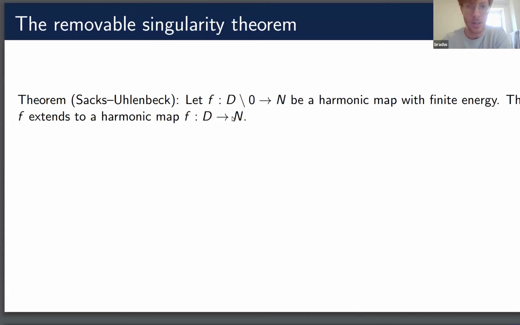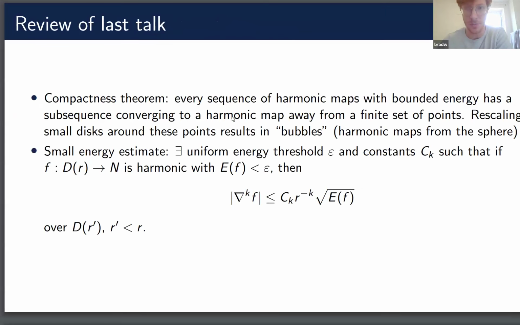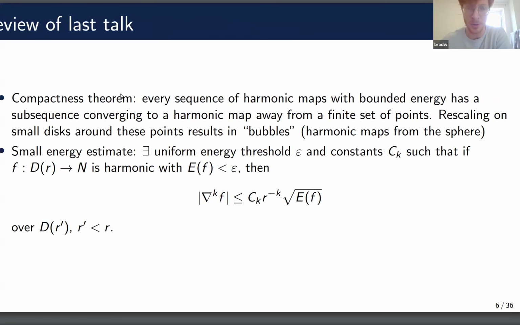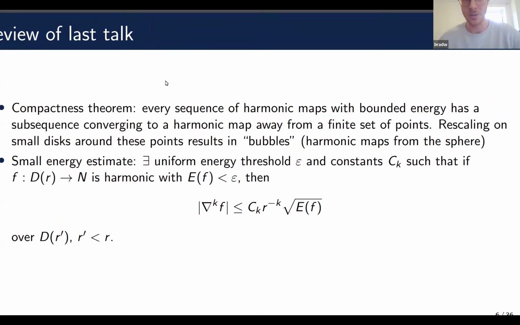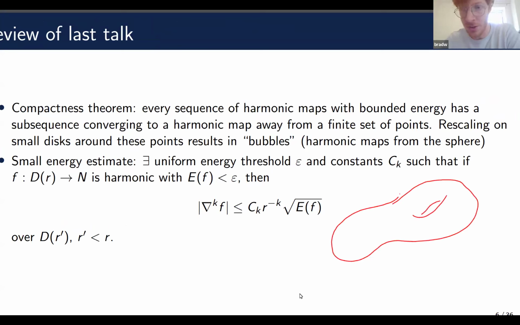So let's go back to the compactness theorem and remember why this was important. You've got your Riemann surface, and there are some points where the curvature blows up. These are the points where the bubbles are forming.